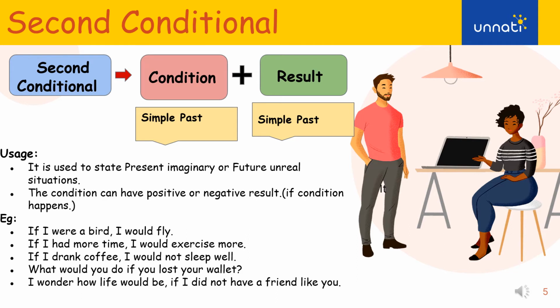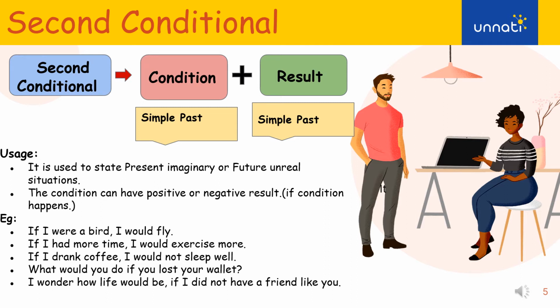So if the condition was fulfilled of drinking coffee, you would not have had a good sleep. So note here, both the sentences, condition and result, in simple past tense. If I drank coffee, I would not sleep well. A negative result for the condition.